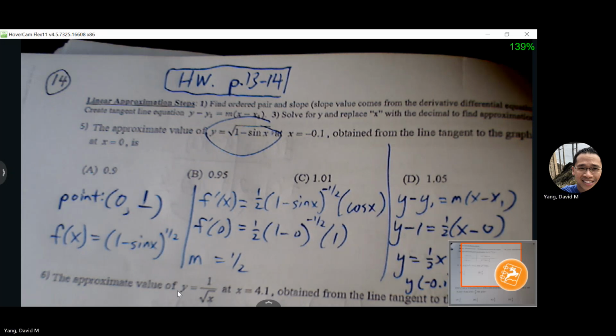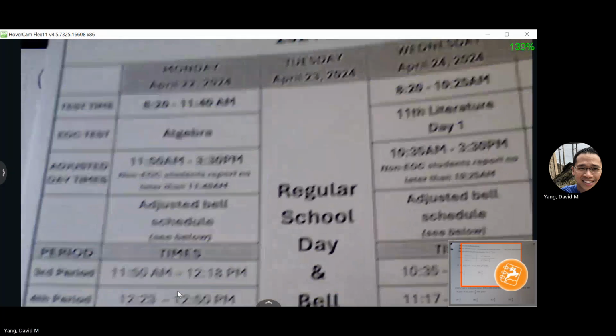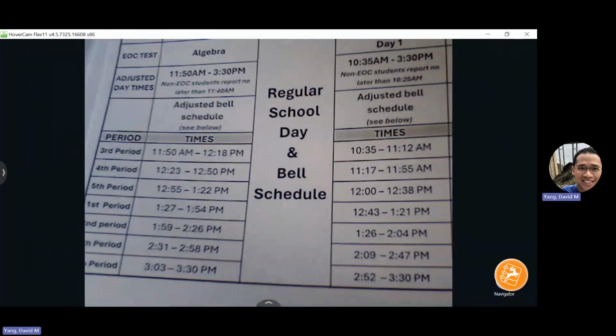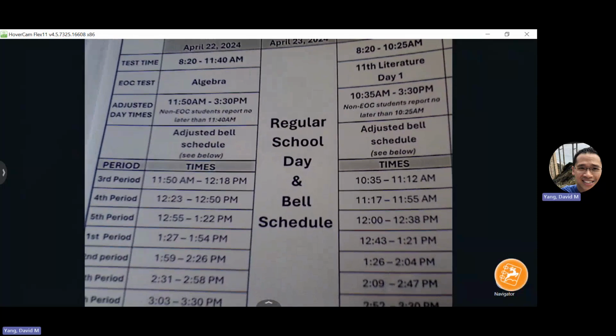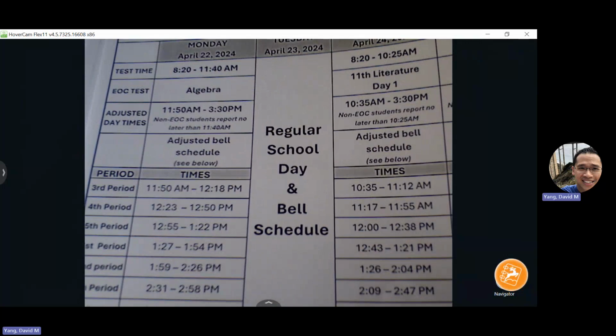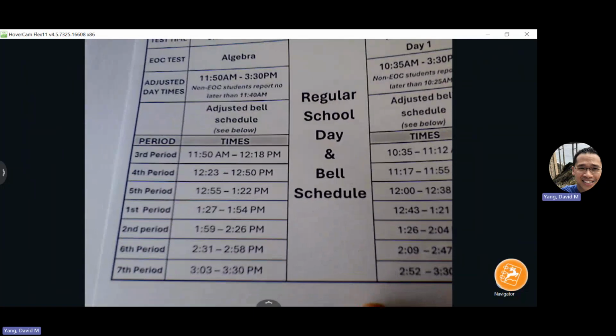So look at the website for the calendar. We're still going to have class, but Monday and Thursday will be really short, like maybe 20, 25 minutes, but Wednesday and Friday will be a little longer, like 35 minutes-ish.